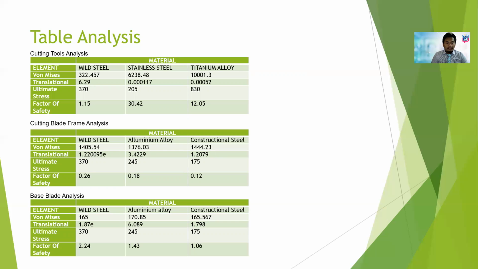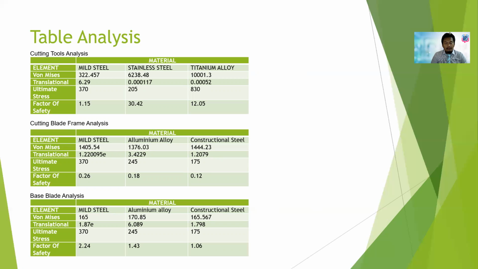Then for the cutting blade frame analysis, we use three types of material: mild steel, aluminum alloy, and constructional steel. The safety factor for mild steel, we got 0.26, and for the aluminum alloy, we got 0.18.